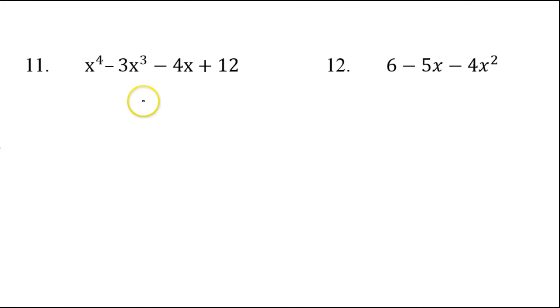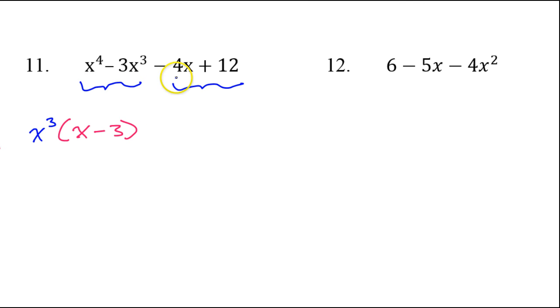Okay, number 11. Again, I'm seeing 4 terms. When I see 4 terms, the first thing I'm going to try is grouping. So I'm going to group these first 2 terms together, and I'll group the second 2 terms. And I'm going to factor out the GCF from both groups. The greatest common factor here will be x to the 3rd power. So if I factor out x to the 3rd power, that's going to leave behind x minus 3.